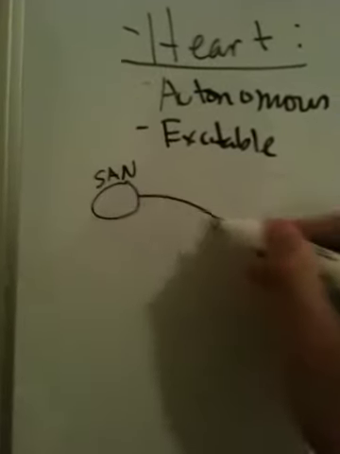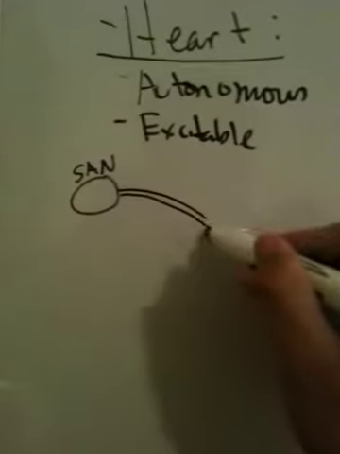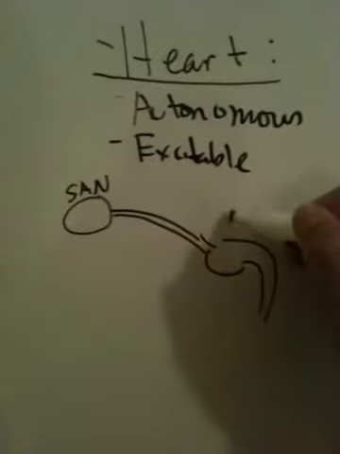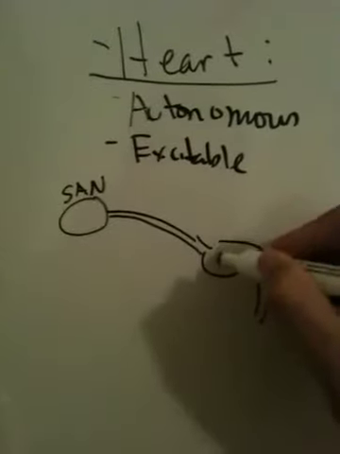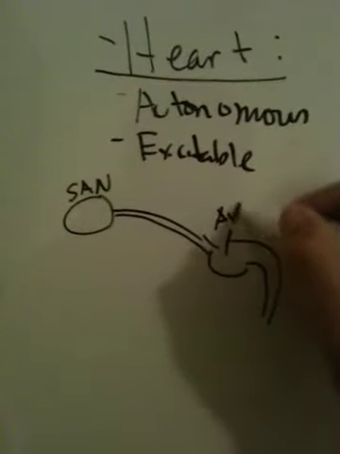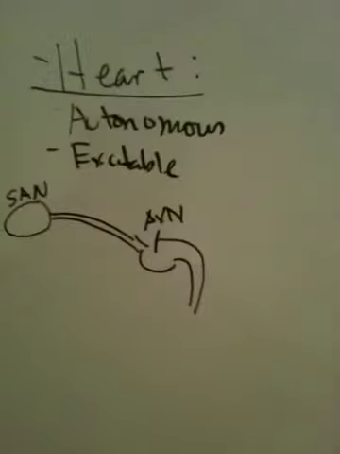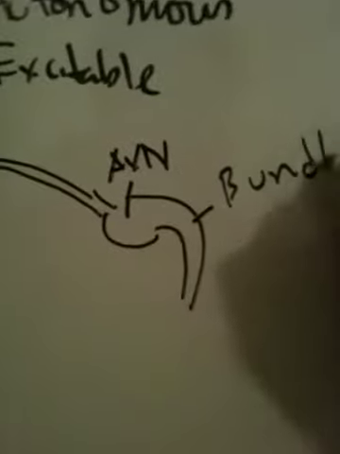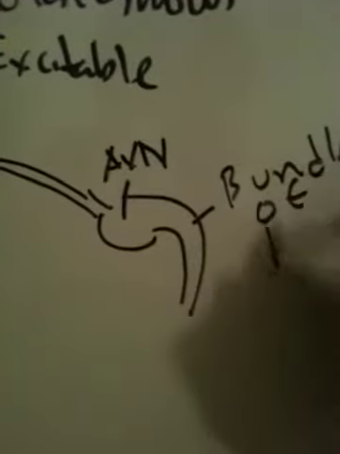It will then conduct a message down the conductive pathway to the AV node. The AV node stands for atrioventricular node, and this area is also what's called the bundle of His.